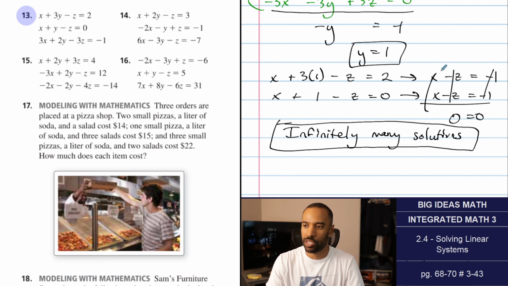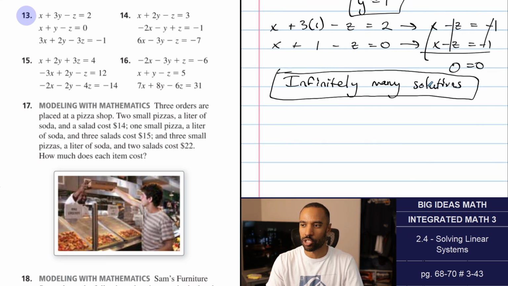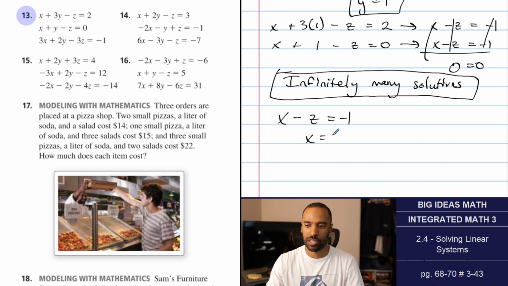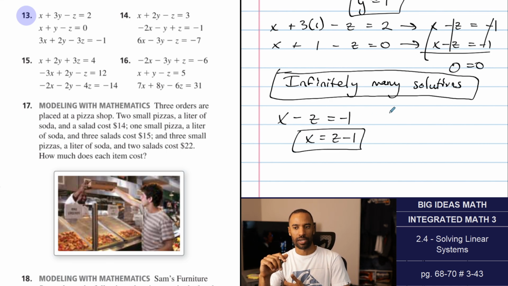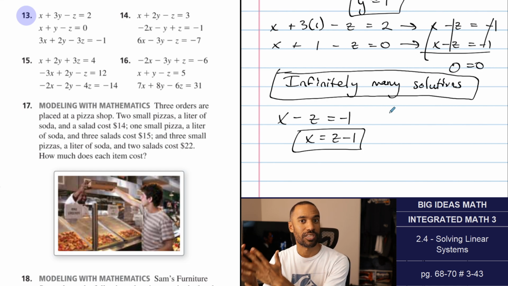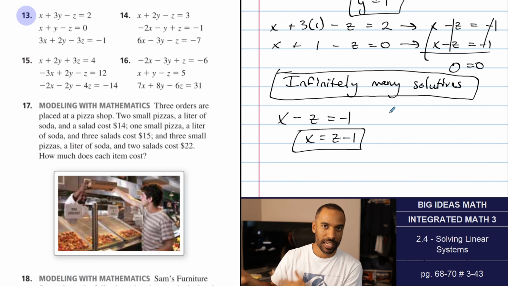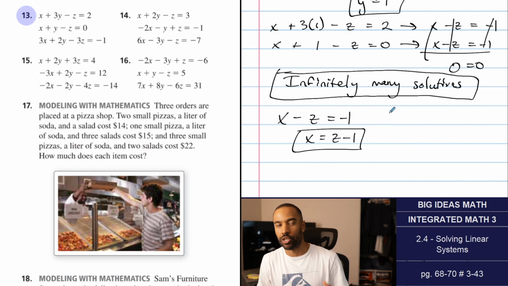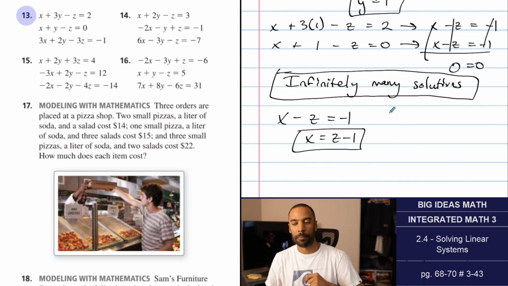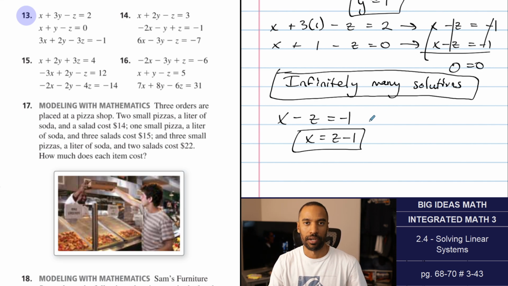So maybe we take one of these equations, the x minus z equals -1. Solve for one of your variables, like solve for x, add z over, you get x equals z minus 1. x in terms of z is z minus 1. z can be represented as z. If z is z, then x is z minus 1. Whatever z is, x is z minus 1. And then y is 1, regardless of that.